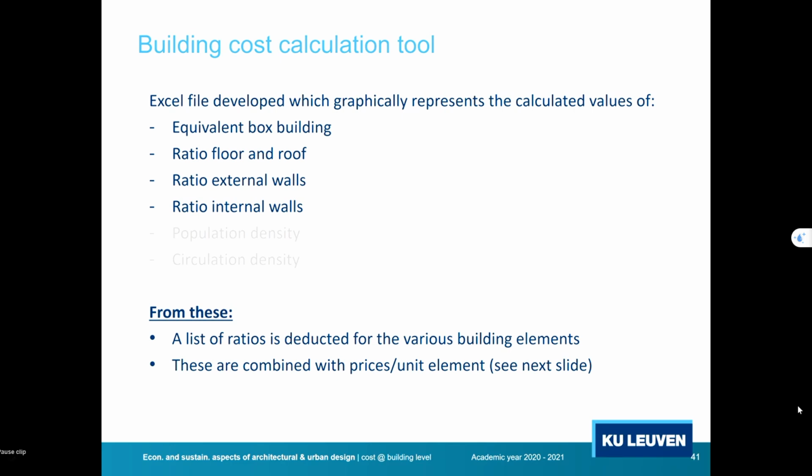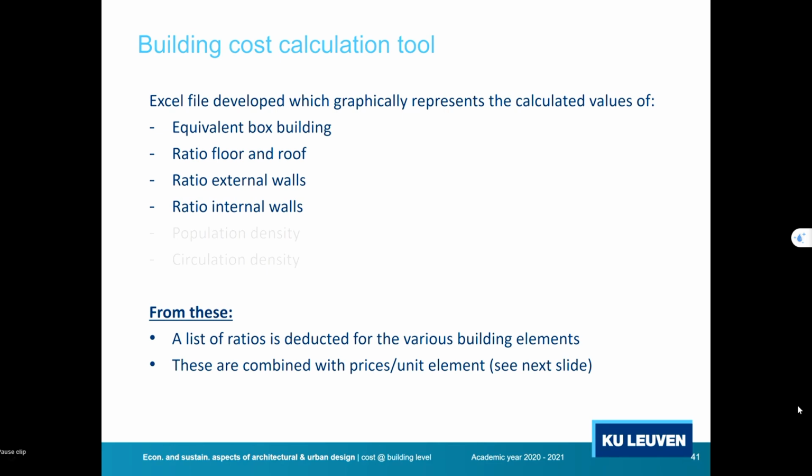So the aim is that first of all, for your case, we draw an equivalent box building. We calculate the ratio of the floor and the roof, the ratio of the external and the internal walls, and we present them graphically. Based on these calculations, we will have an element table of your case with the specific ratios of the various building elements.